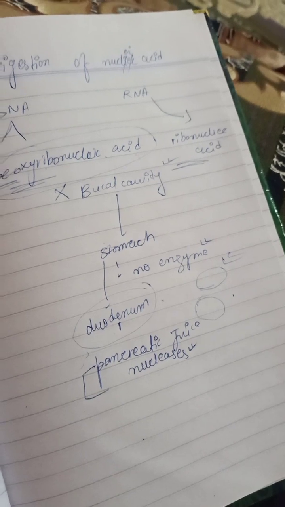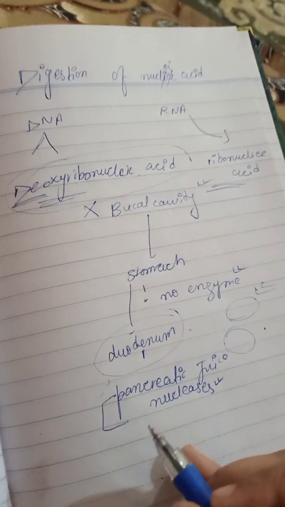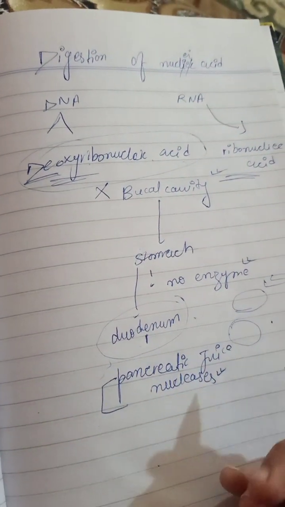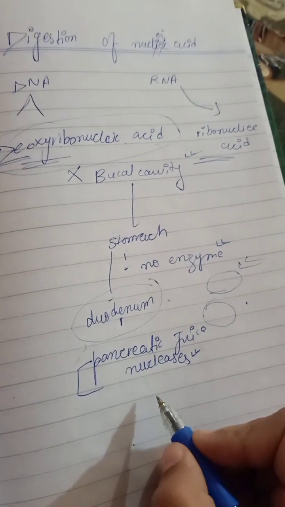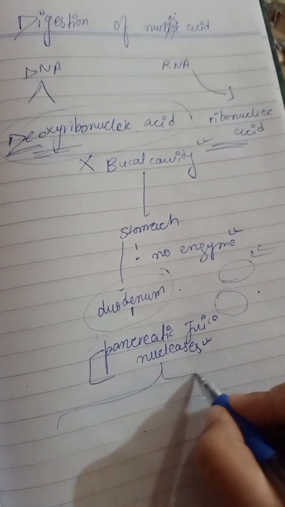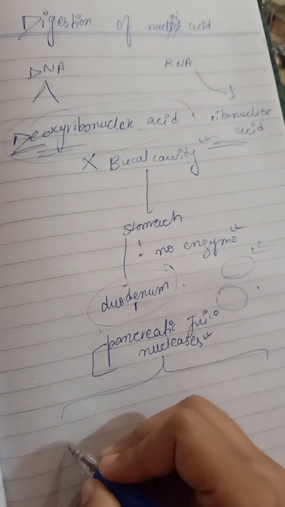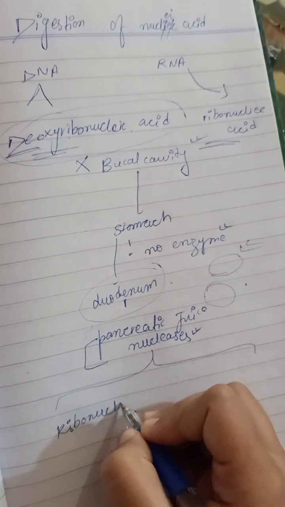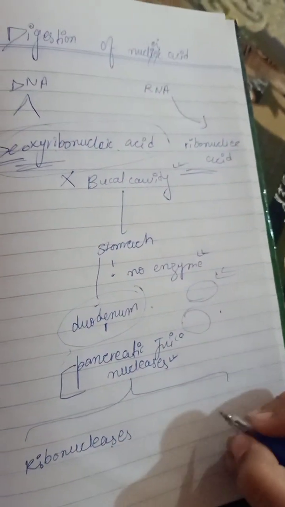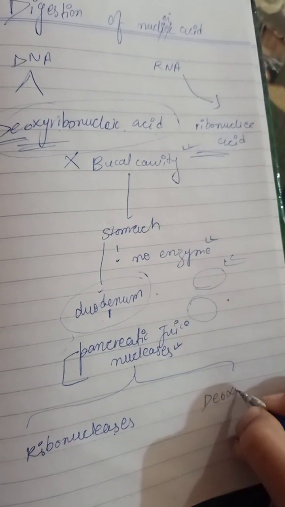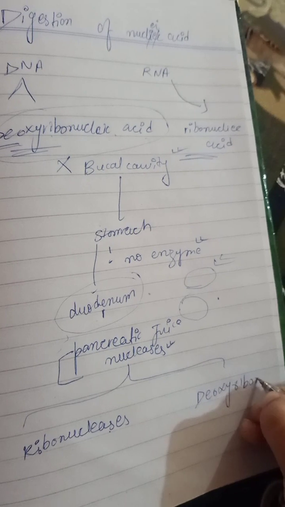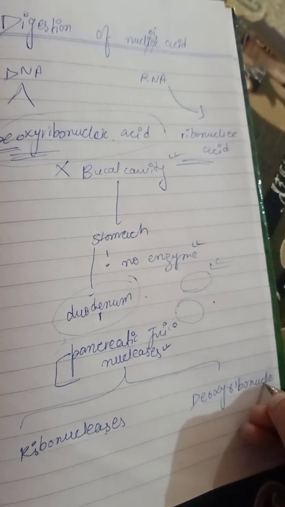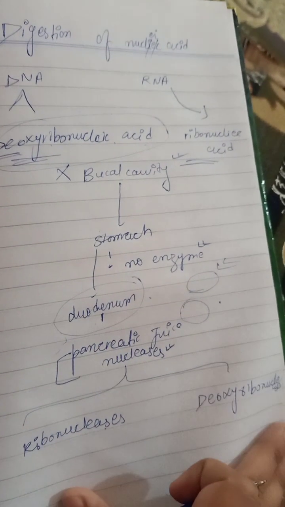I said in the previous video, when I was discussing the detailed lecture of the pancreas, that I would discuss this in the next video. Nucleases are defined in two categories: ribonucleases, which work on RNA, and deoxyribonucleases, which work on DNA.